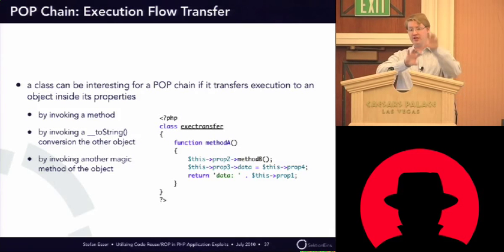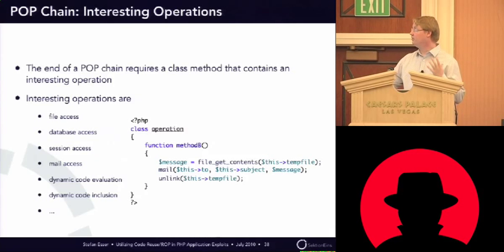And usually you want to chain many of them until you reach a method that is usable for you. And the ends of POP chains are usually classes with interesting methods. This means an interesting operation, as you can see: file access, database access, access to the session, access to the mail function.